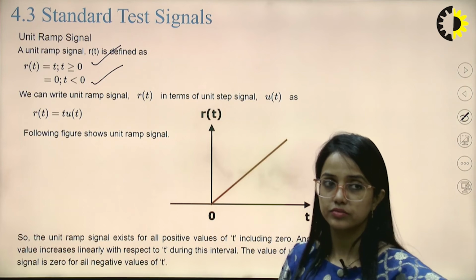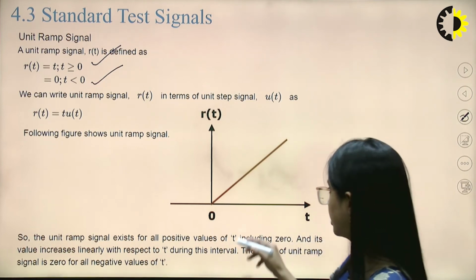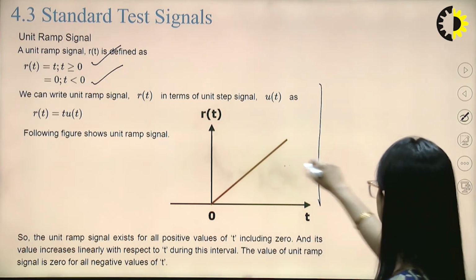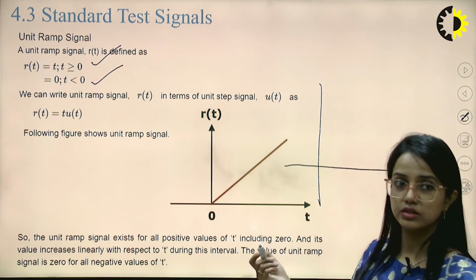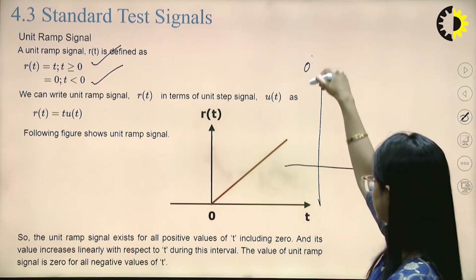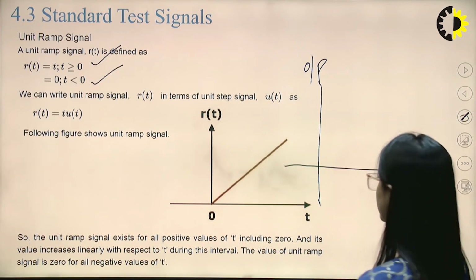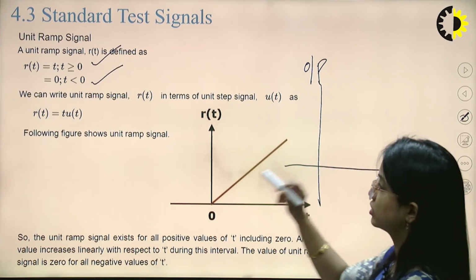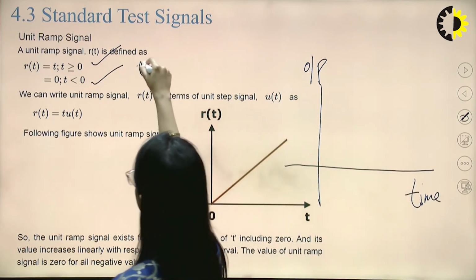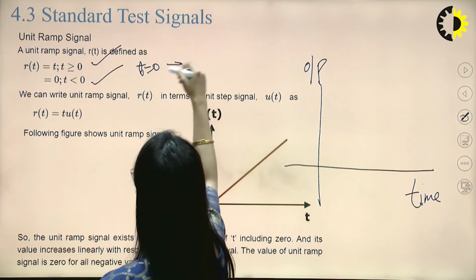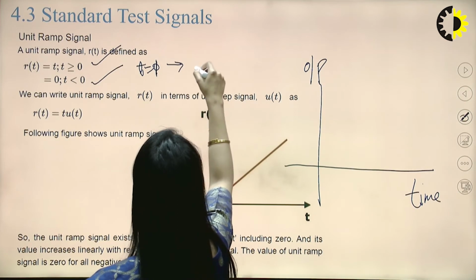So let's say for t equals to 1, this is the output and this is time. For t equals to 1, the output is 1. Why? At t equals to 1, the output is nothing but t.